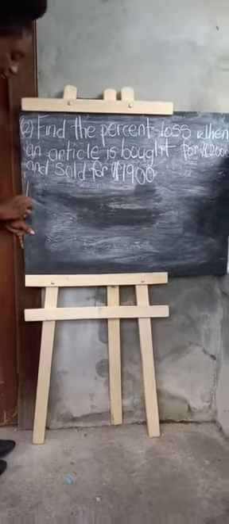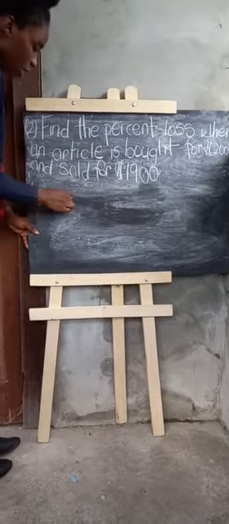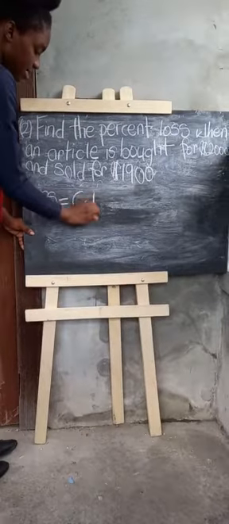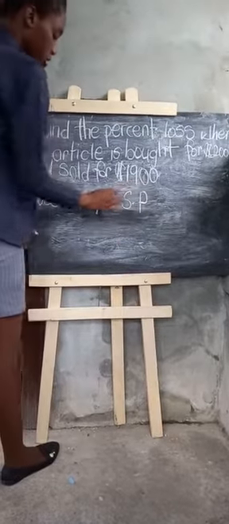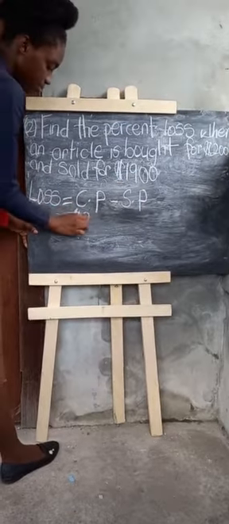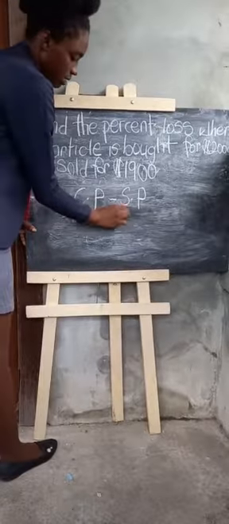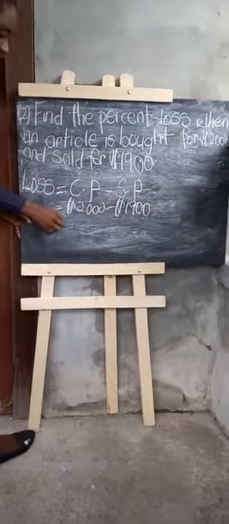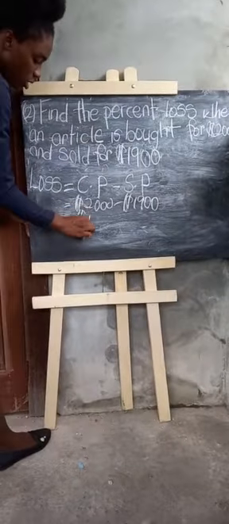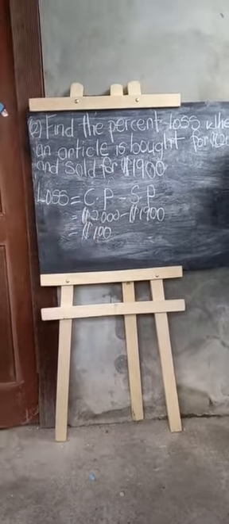So we first have to find the loss. And loss is equal to the cost price minus the selling price. The article cost $2,000 and was sold for $1,900. So a loss of $100 was made.